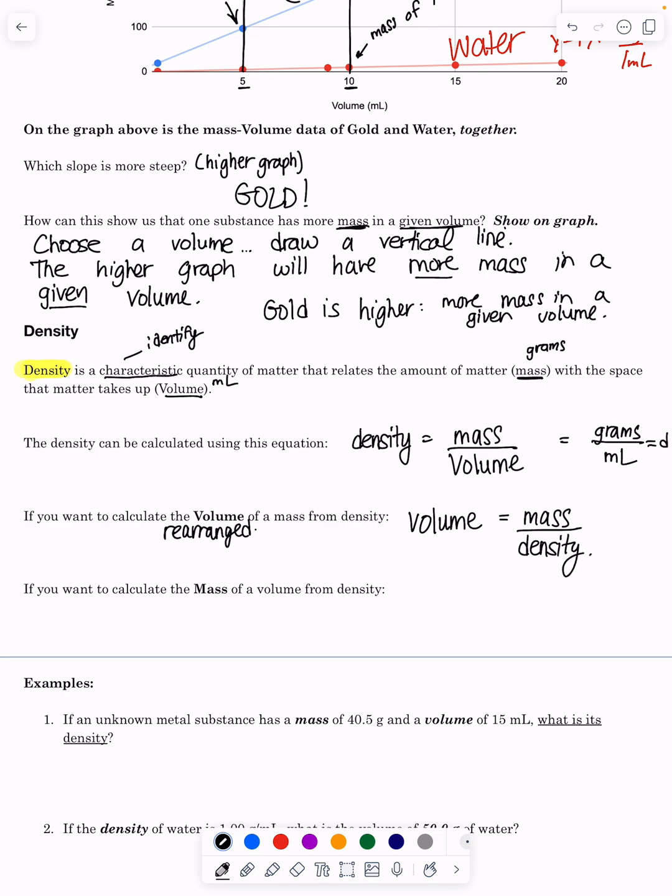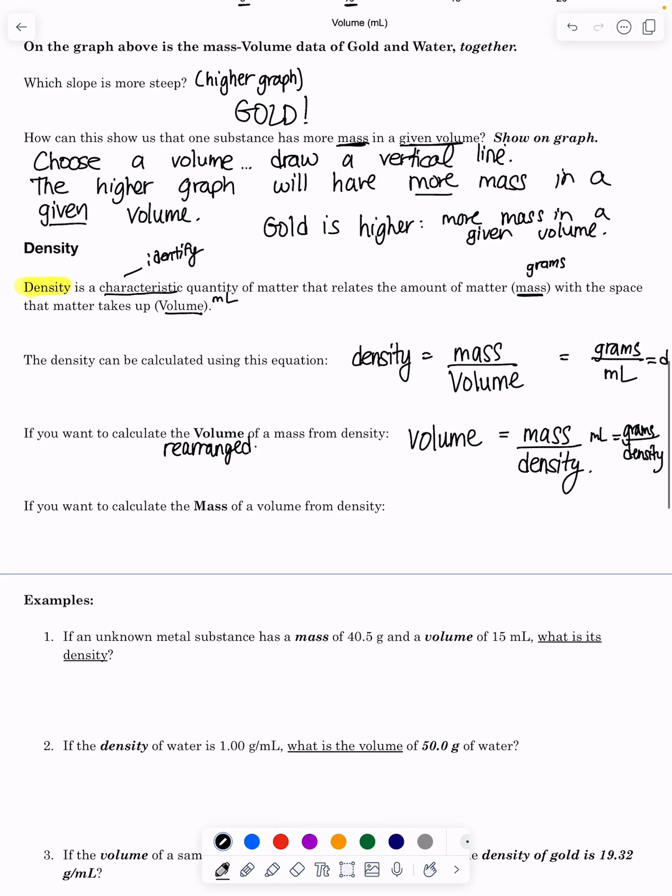So if I have a mass in grams and I divide it by a density, that's going to give me milliliters. Finally, if I wanted to calculate a mass of a volume from a density, density times volume equals your mass. And this is what we were doing before. This is kind of like our data.